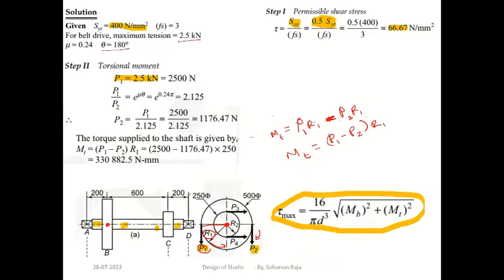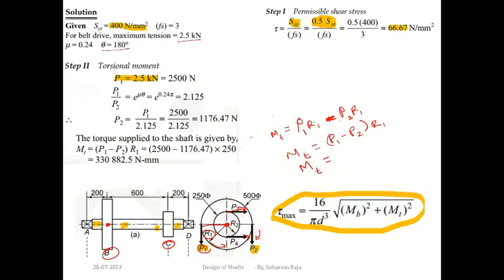For pulley B, the momental torque at this point will be equal to (P1 minus P2) R1. Suppose you find it for pulley C, it will be like this. At C, how many forces are there? In C also two forces, but in horizontal direction, P3 and P4.